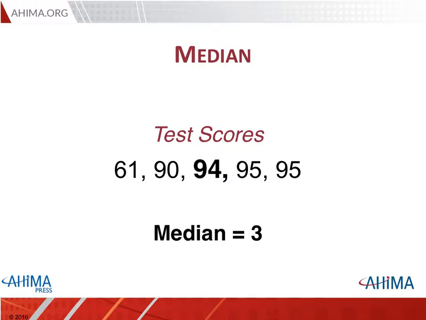Next, we find the middle number. Since we have 5 scores, our middle number would be the third number. 94 is the middle number. There are 2 scores lower than 94 and 2 scores higher than 94. For our test scores, 94 would be the median. This is much higher than the mean for the data set. Our mean was 87.